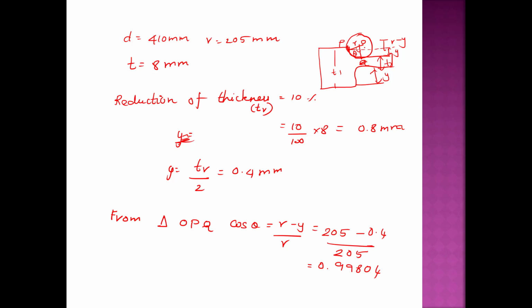So we have the triangle like this, OPQ. This is R, this is theta, R minus y. From that we can calculate cos theta. So now theta equal to cos inverse of 0.998, which is equal to 3.58 degrees.